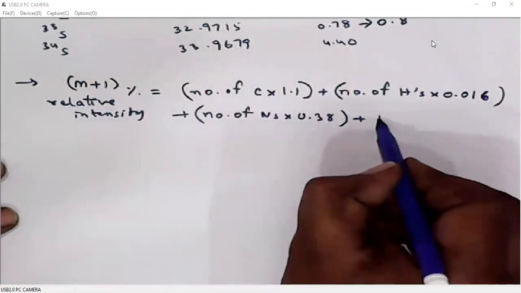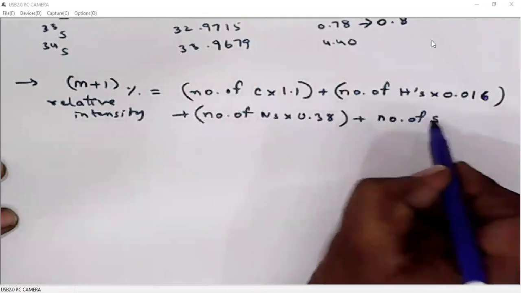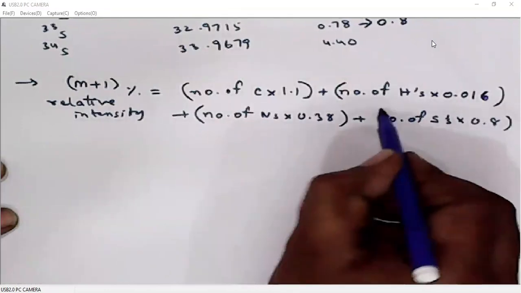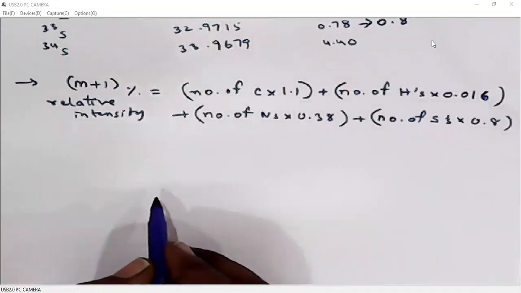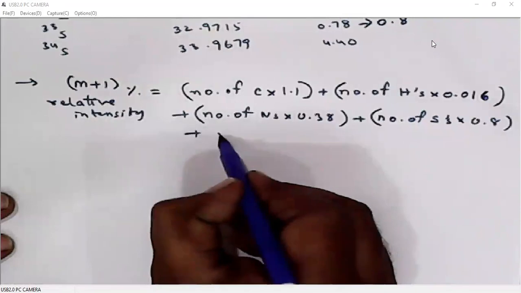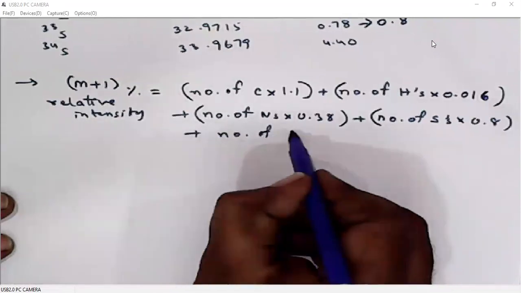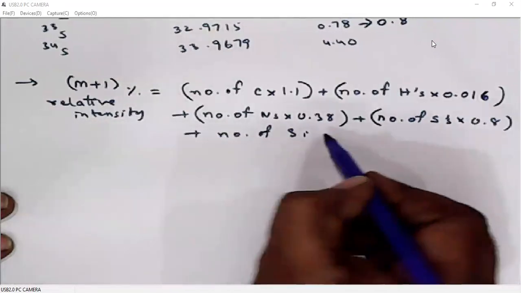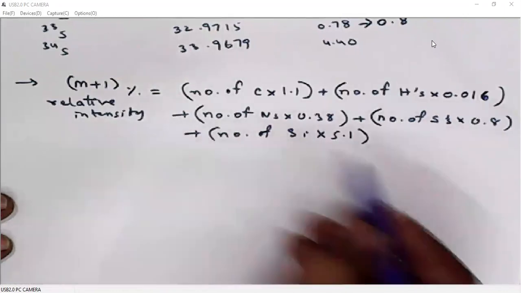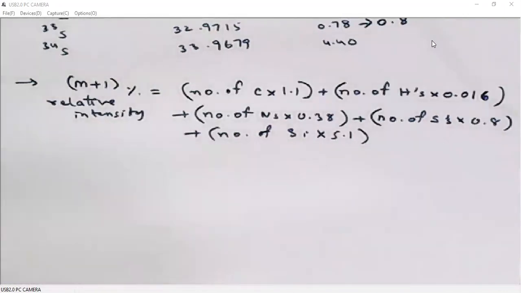Then if you have sulfurs, the number of sulfurs multiplied by 0.8, because 0.8 is the sulfur 33 availability, plus the number of silicons times 5.1 because the silicon isotope is 5.1% available. So using this formula, we can easily calculate the M plus 1 intensity.